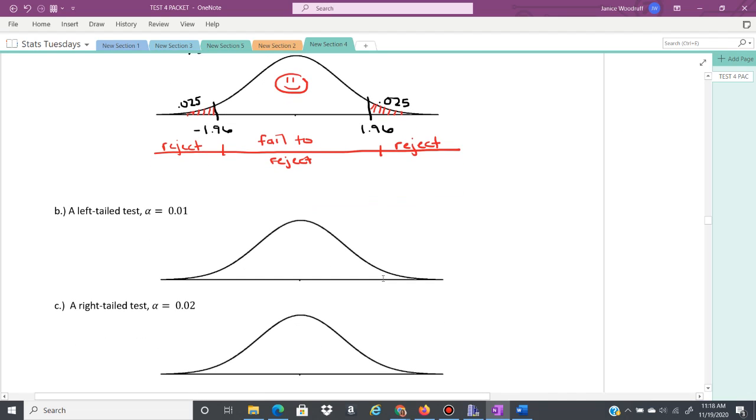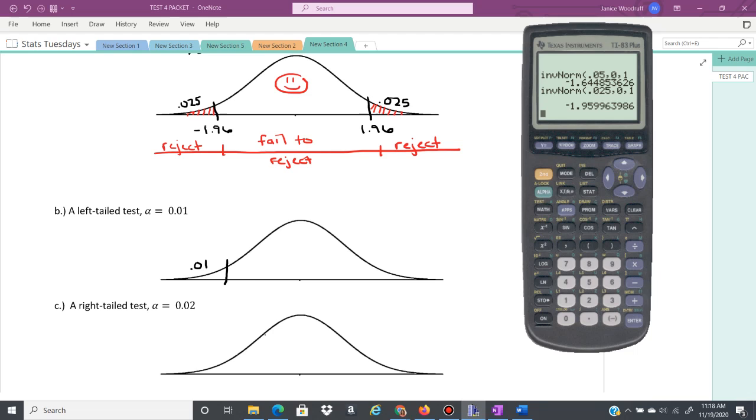Okay, so let's say we want to do the same thing for a significance level of 0.01, and it's a left-tailed test, which means on the left side of my curve, I have an area of 0.01. So I want to find the z value that corresponds to this. So I go inverse norm, area to the left, 0.01, mean of 0, standard deviation of 1.